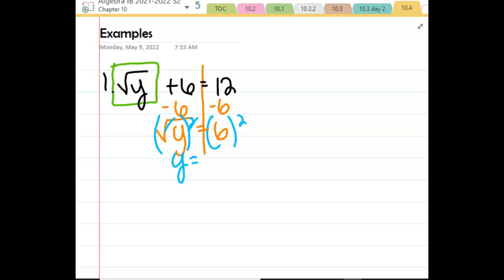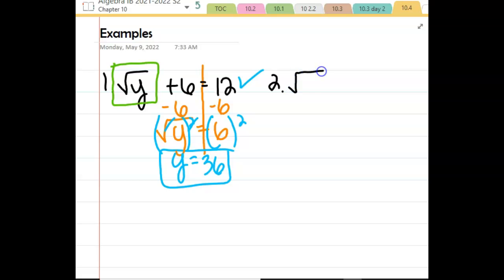We get y equals, and on the right-hand side, 6 squared gives me 36. Now also remember, guys, and this is not optional, you have to, even if it's just mentally, check your answers. If I plug back in 36, the square root of 36, 6 plus 6, 12. It works. Okay? Number 2.